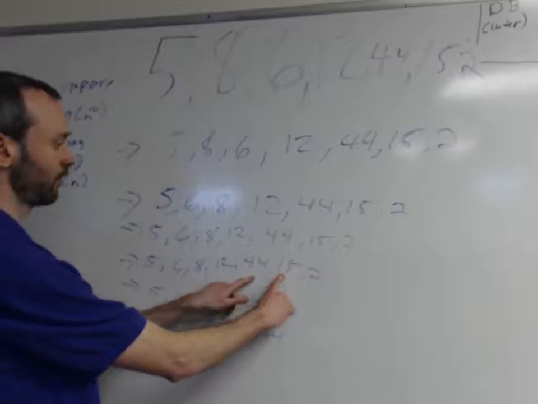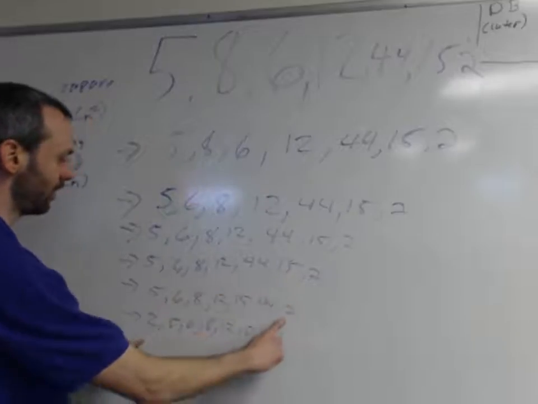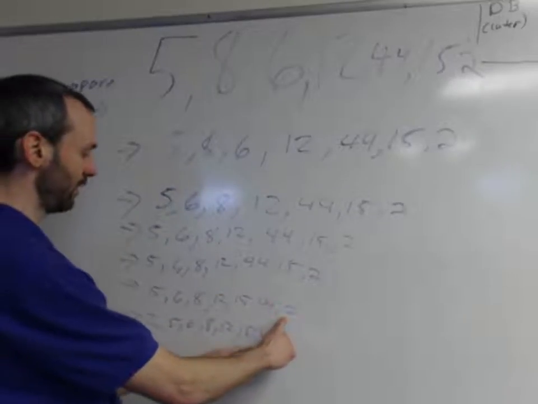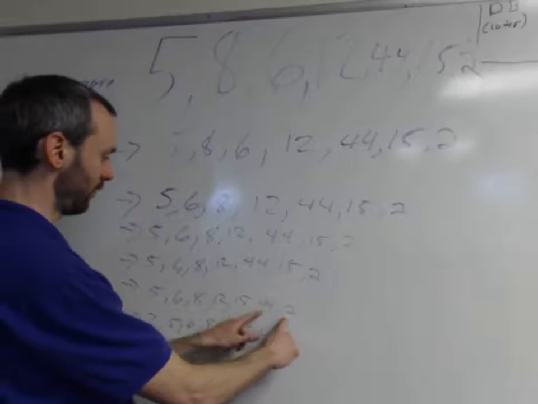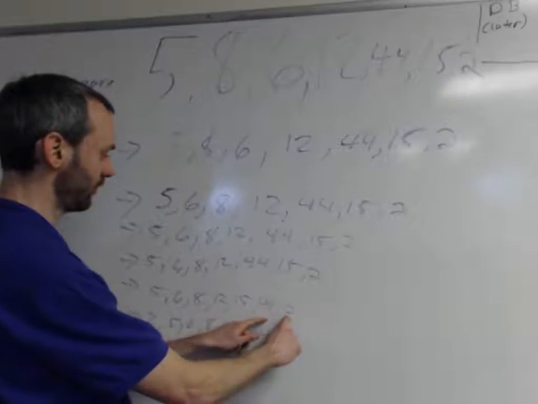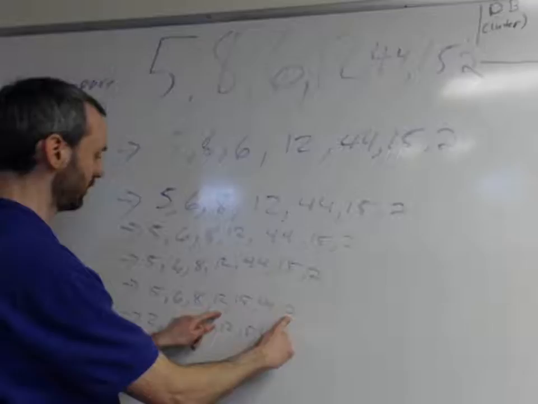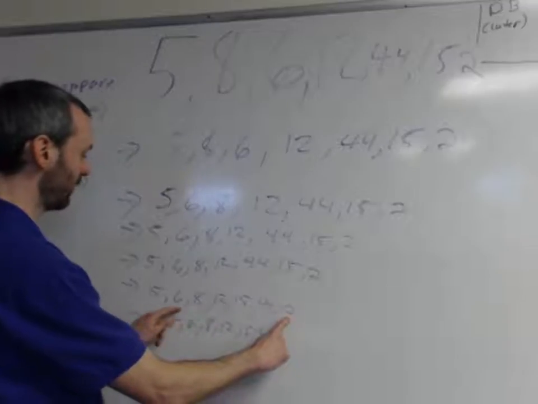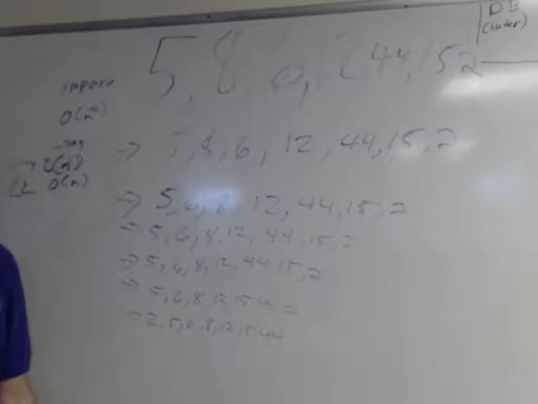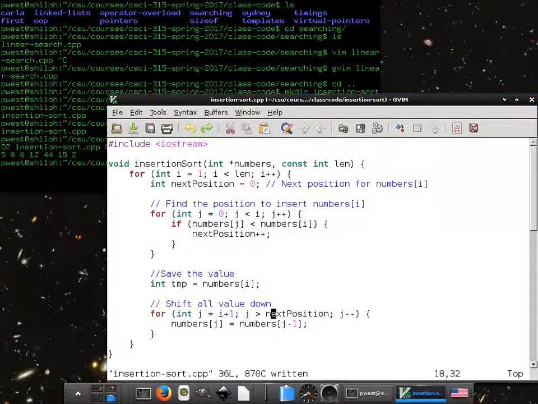In other words, the 44 would go over to the 15, and if we're on this long one, the 44 would go over to the 2, the 15 to the 44, the 12 to the 15, the 8 to the 12, 6 to the 8, the 5 to the 6, and then you move the 2 over. And then lastly, you do numbers sub next position equals temp.